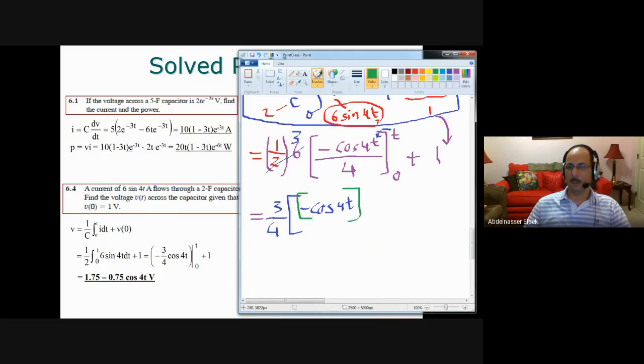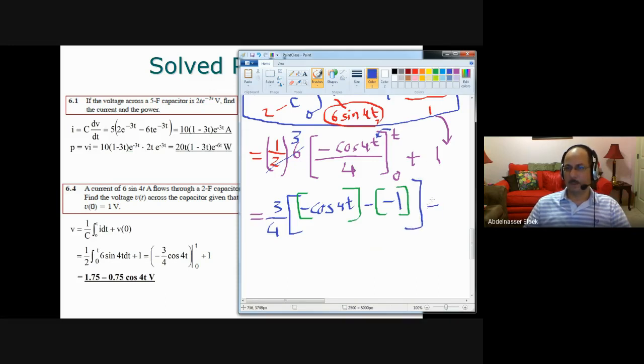When t equals 0, it will be minus, negative cosine 4t at 0. Cosine 4t when t equals 0 is 1, and you have a negative, so it will be negative 1.